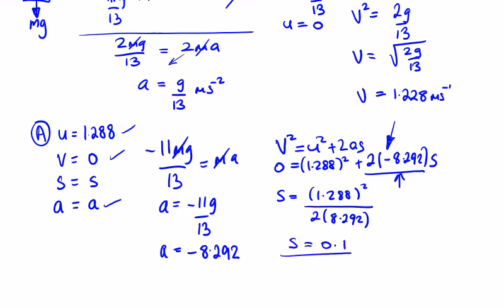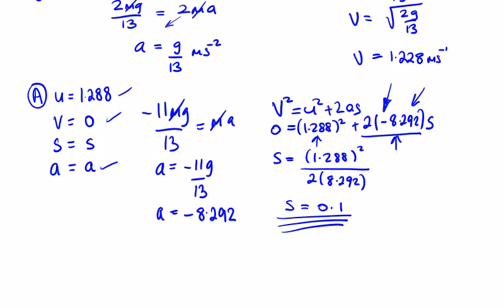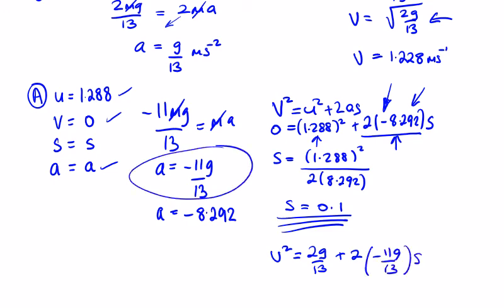Now this is slightly off the official answer because we rounded off with these two here and here. So let's simplify it using non-rounded off just to see what the difference is. We get v squared is equal to this guy squared, so 2g over 13, plus twice, well, it's minus 11g over 13 from here times s.